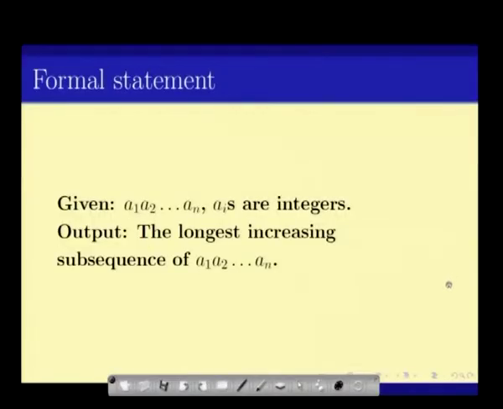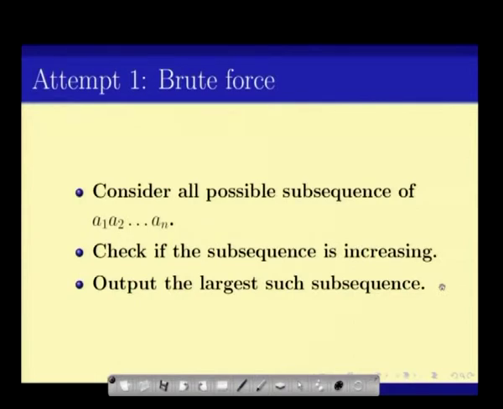To start with, let us try our first attempt. The first attempt is the brute force search. What do we do here? We consider all the subsequences of a1 to an, all possible subsequences that can be there. Once we have selected a subsequence, we check if it is increasing, and if it is increasing, we keep it aside.